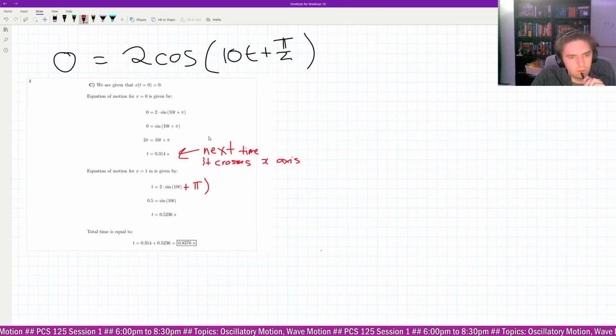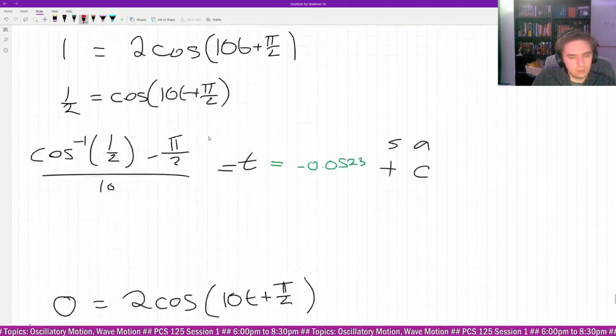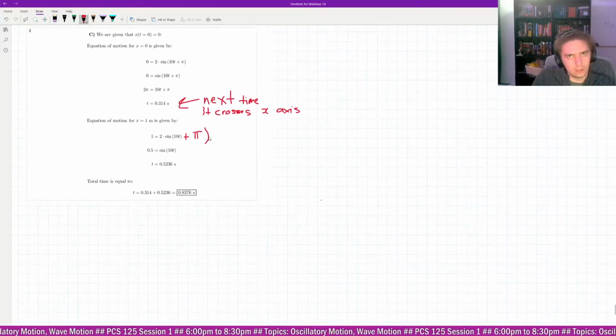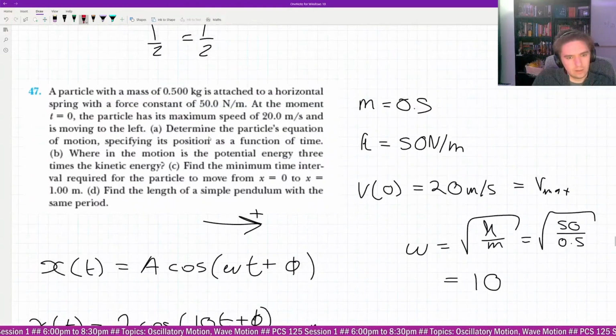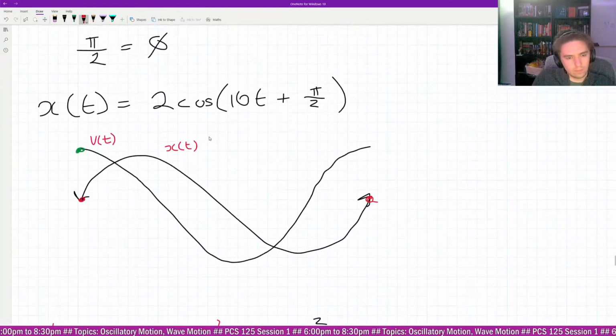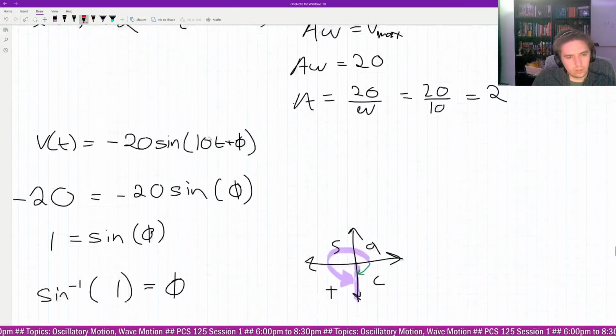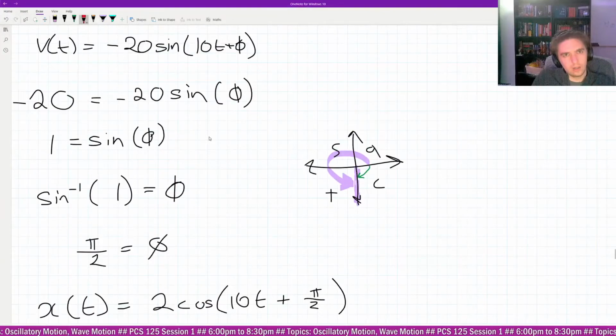So we know our equation for the minimum time it would take to go... Oh, hold on.